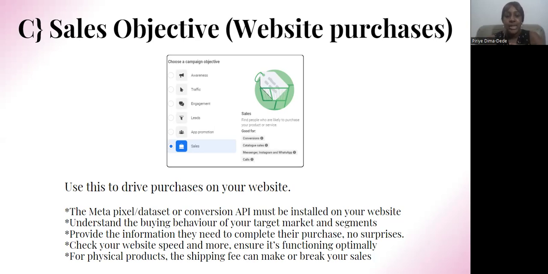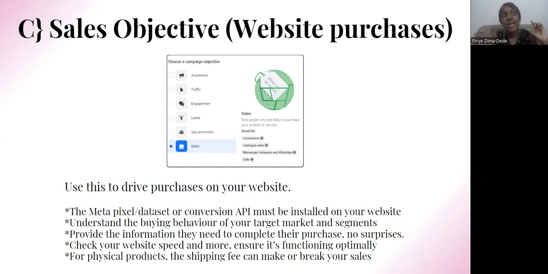The next thing to do is ensure that you provide the information they need to complete their purchase. Don't leave any surprises for them. So in your ad, your caption, your landing page, the description of the product on your website, ensure that they have all the information needed there to complete their purchase. Let there not be any surprises like, oh, there's an additional charge that was not communicated before.